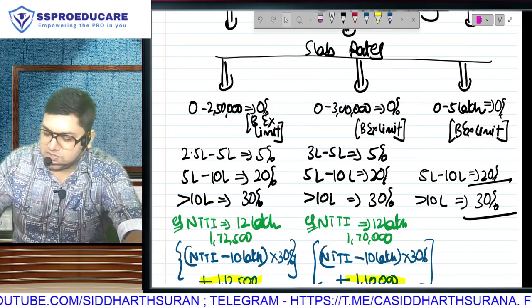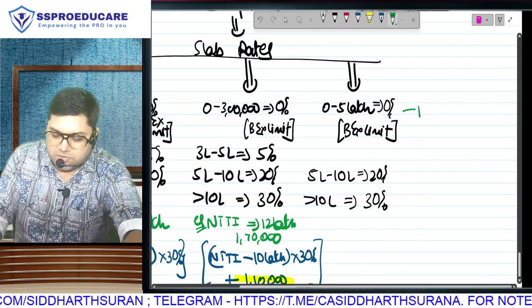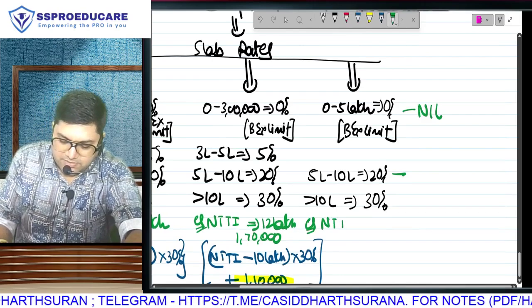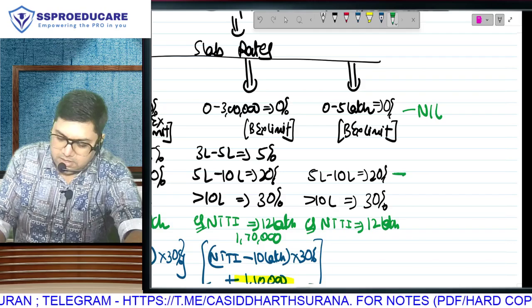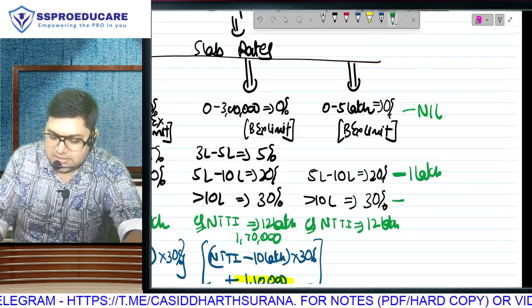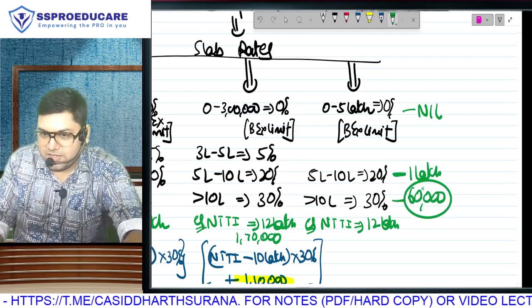Let us prepare our shortcut so that we are safe. First 5 lakh, 0%. Same example. Net taxable total income, 12 lakh. Then next 5 lakh, 1 lakh, and balance 60,000. You samjha? This is the only thing that will change.